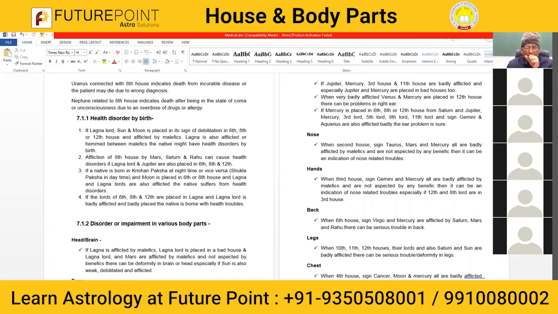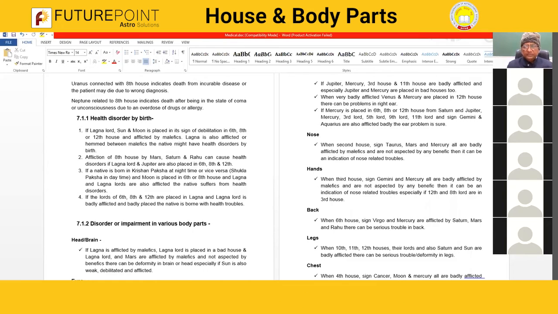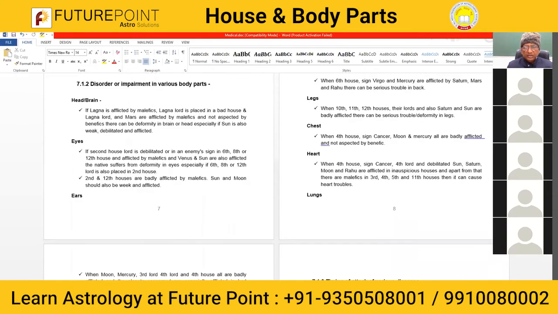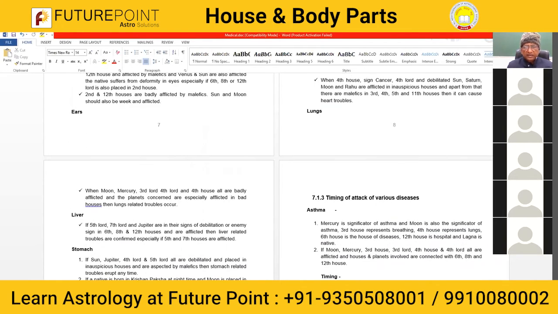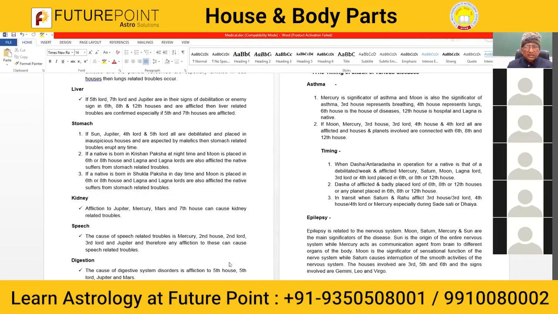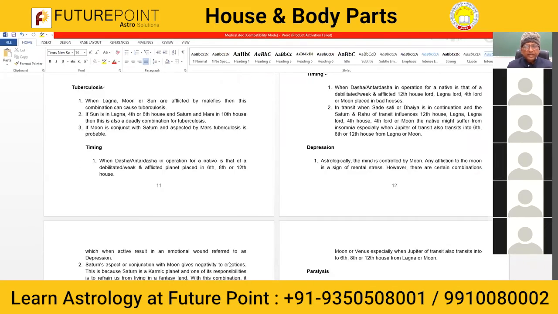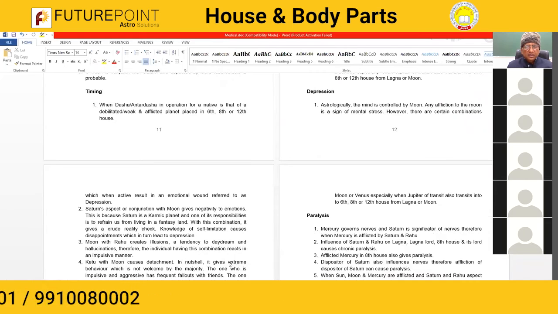So the same thing will go on, but you have to understand the planet also: which planet is afflicting or affecting what part of the body? I'm sorry that I don't have a ready reckoner here for planets. You're just sharing these slides with us?